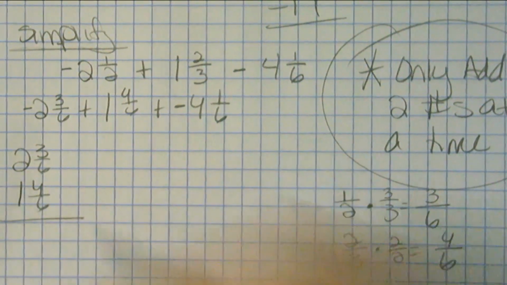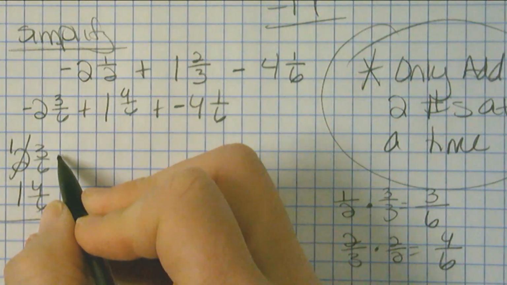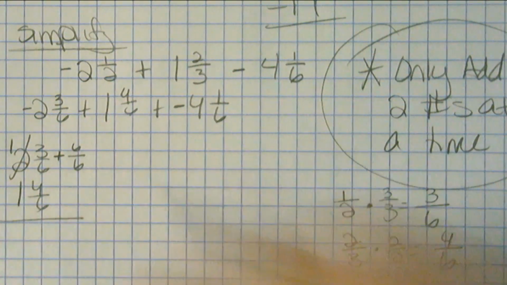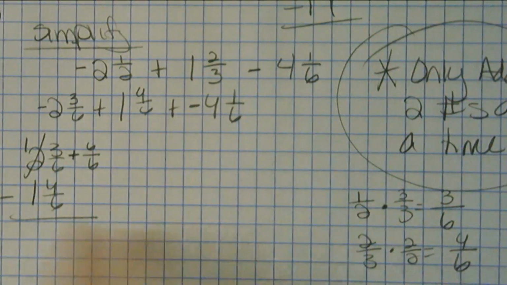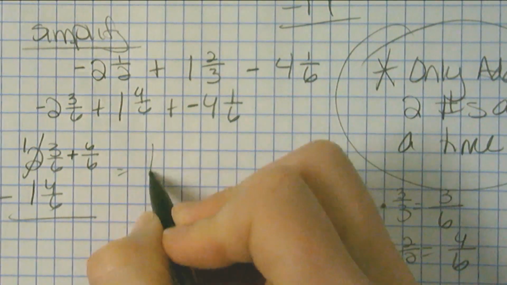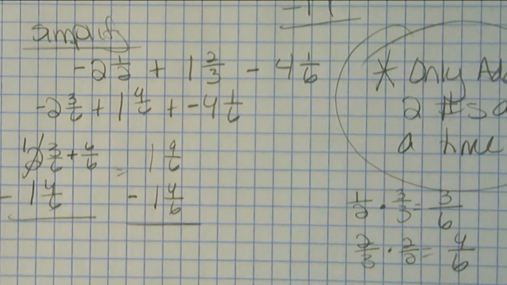Now what? Right, so I have to add 6/6 to it, right? So make sure you are showing that you're adding 6/6 to your 3/6. So I end up with 1 and 9/6 minus 1 and 4/6, right?